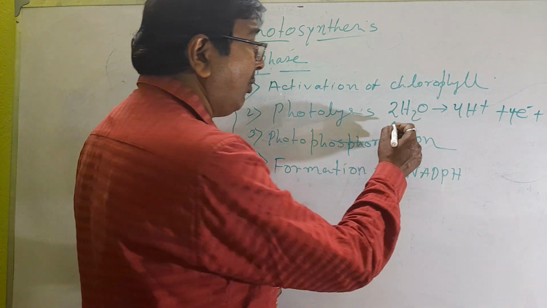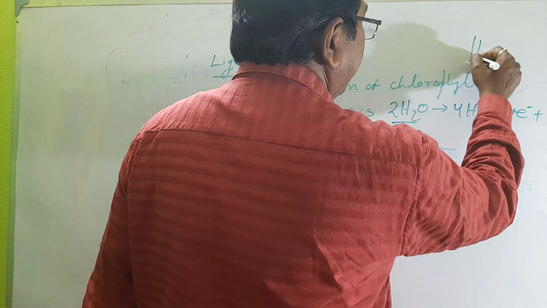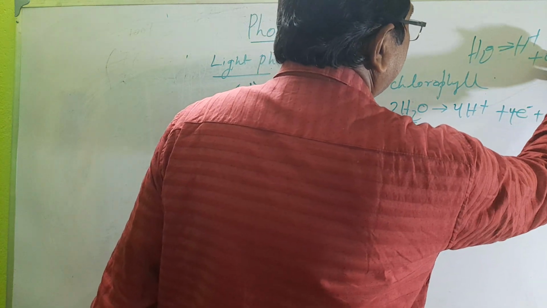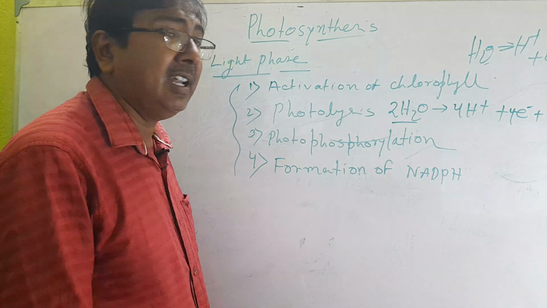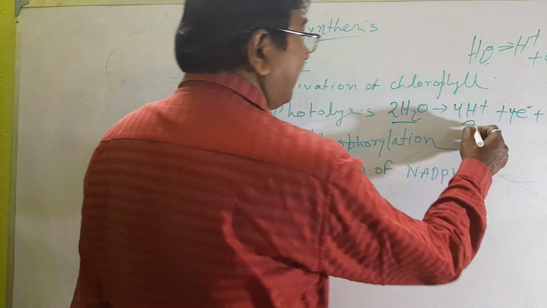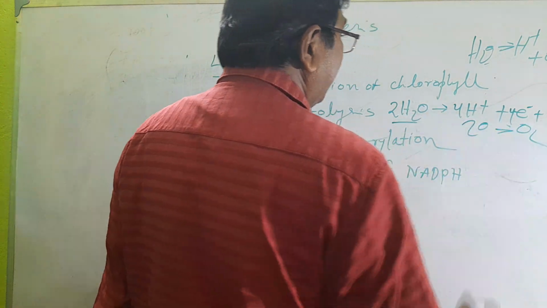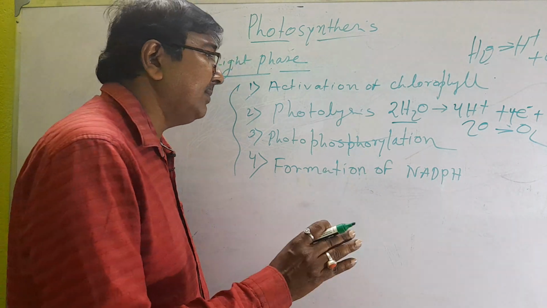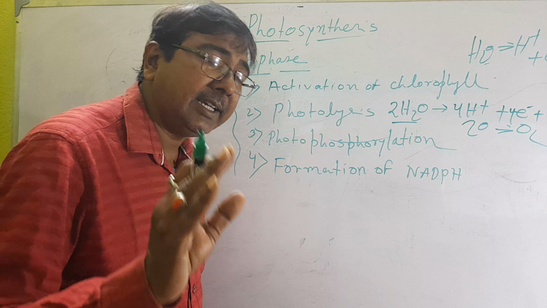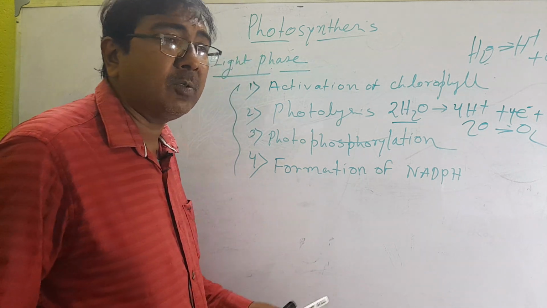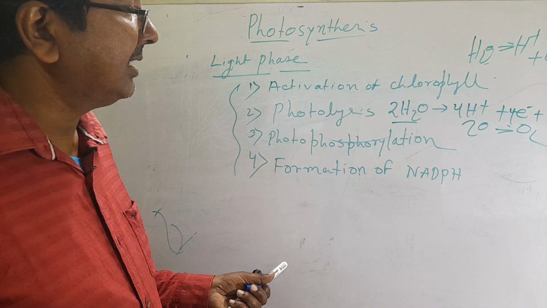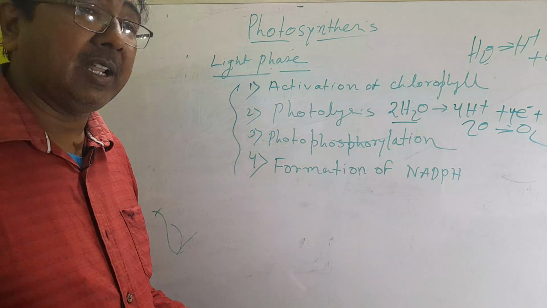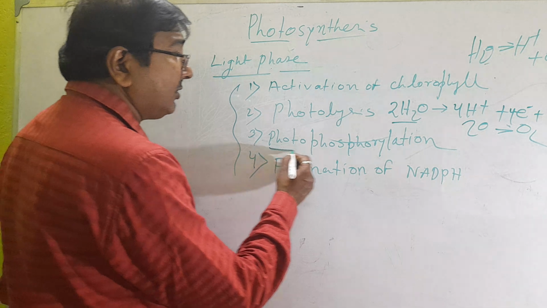Water means H2O splits into H plus and OH minus, hydride and hydroxyl ion. This splitting of water is called photolysis. Scientist Robin Hill first observed this, that's why it is also called the Hill reaction. So what is photolysis? The splitting of water into hydride and hydroxyl ions. Then photophosphorylation.